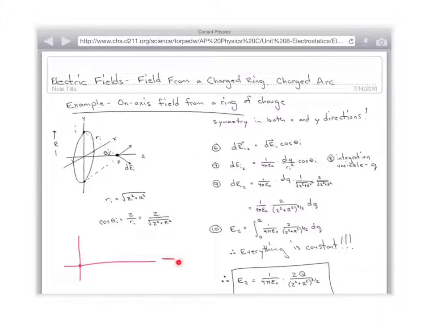It goes to some value, and then drops down again. So maybe it goes like this. That's supposed to be an asymptote, sorry.